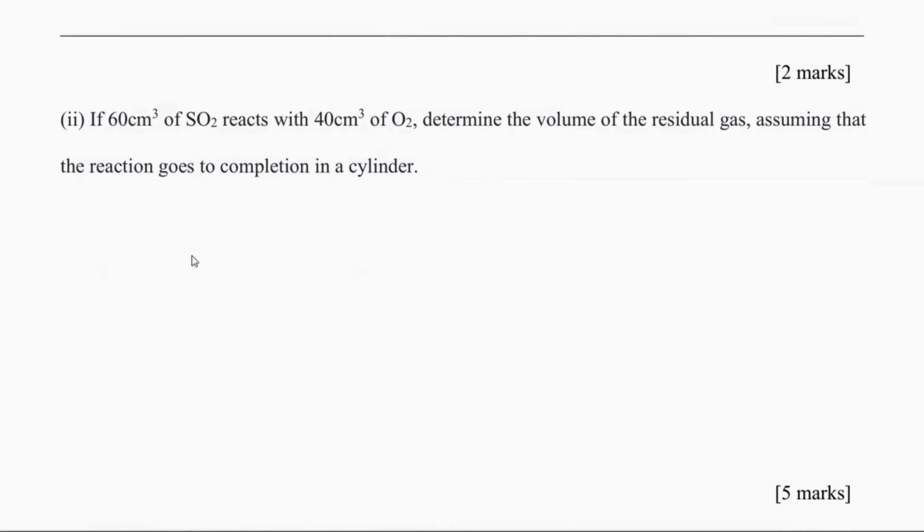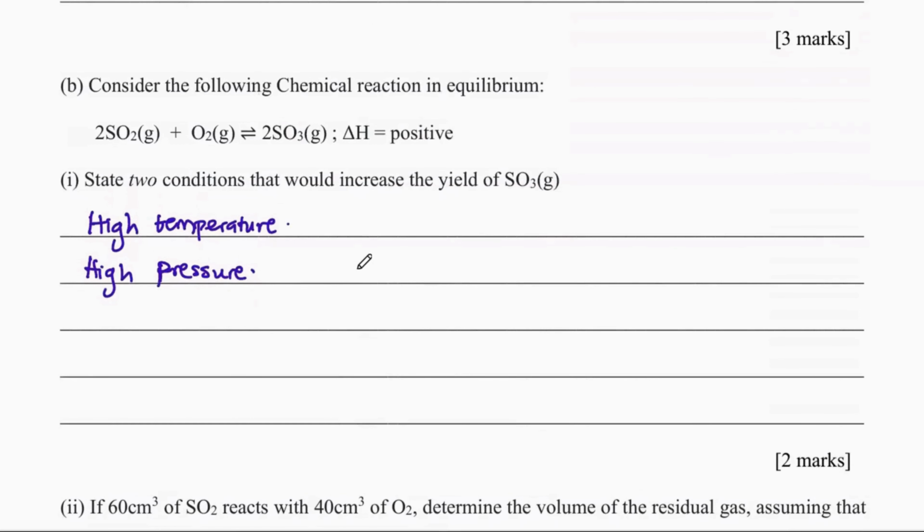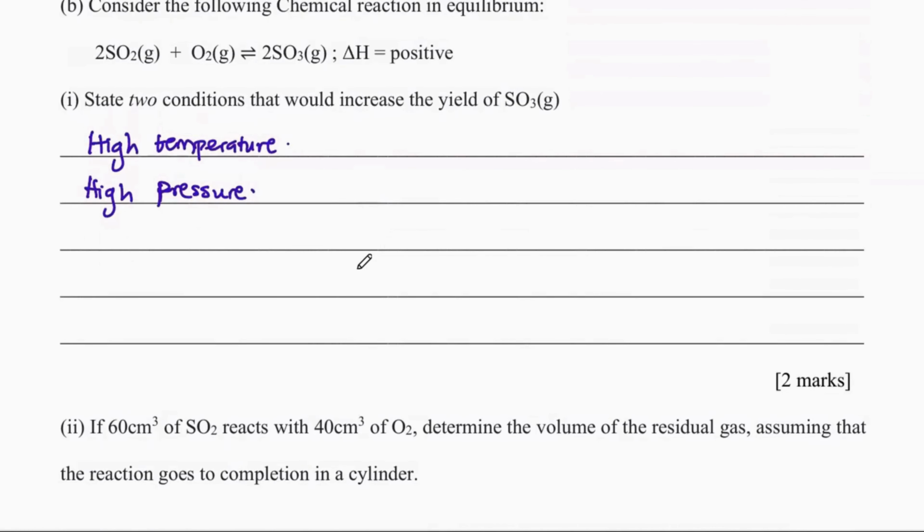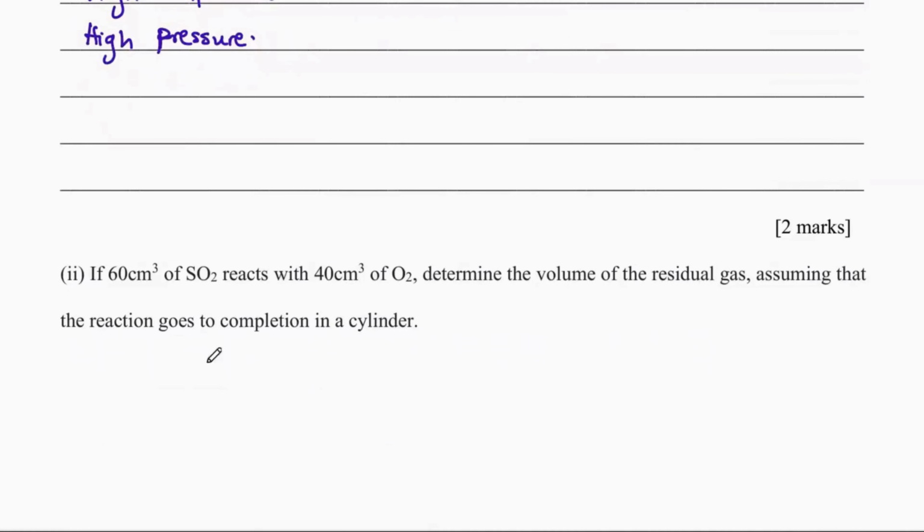Now we are still dealing with the sulfur oxide reaction. Based on the equation that we saw earlier, we would require two SO2 and one oxygen to give us our product. So 2 moles of SO2 and 1 mole of oxygen. The ratio in that equation is 2:1.